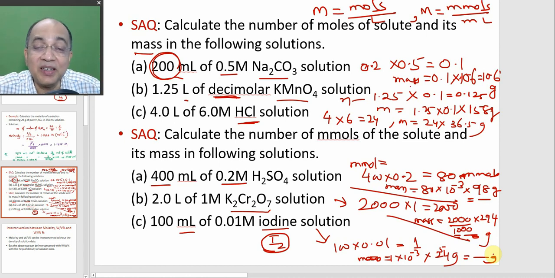Volume in liter into molarity gives the number of moles of solute, or volume in milliliter into molarity gives the number of millimoles of the solute. That's the beautiful way of analyzing an aqueous solution and following the reaction stoichiometry in terms of volumes of solutions and their concentrations, molarity.